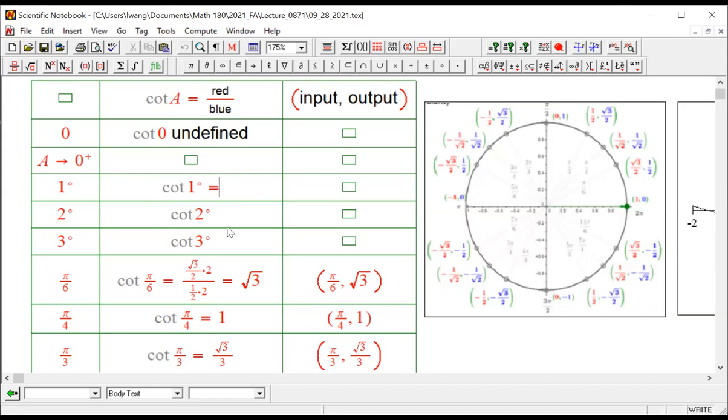I'm expecting those numbers. There are going to be approximations, right? What do we get?